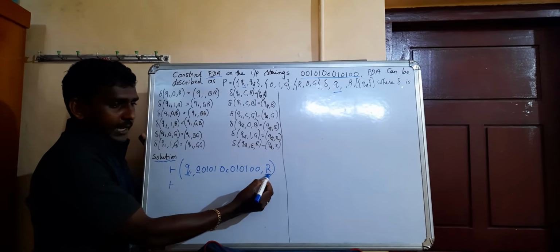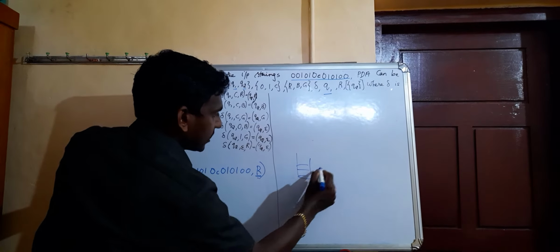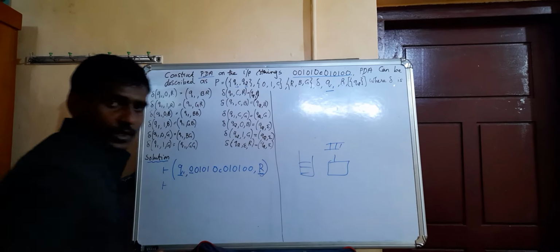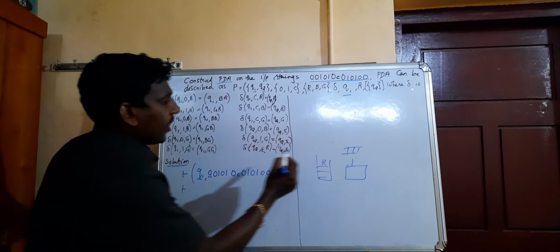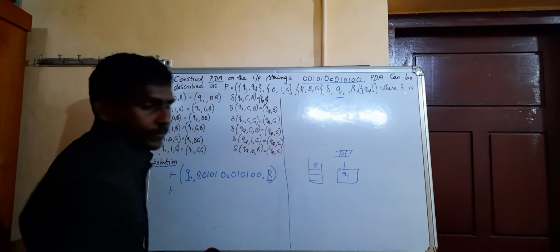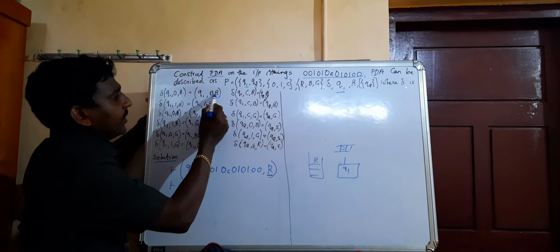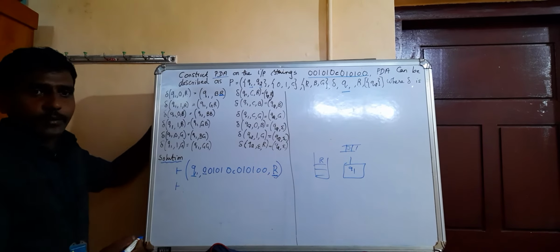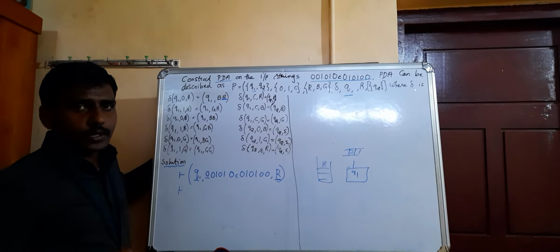As I taught you in the previous class, there is the state, the input, and the stack. Inside the stack R is already there, the input is 0, and the state is Q1. The 0 is converted into B and pushed into the stack. Clear?